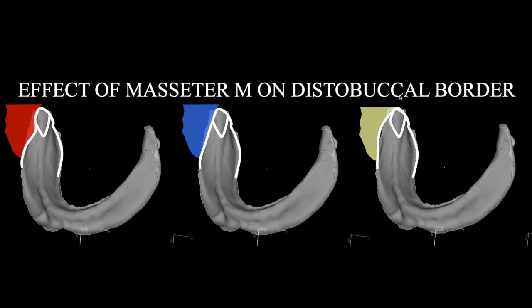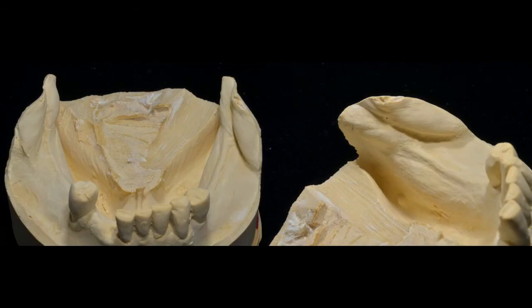So it depends on the masseter muscle activity, the shape of the M-plane will vary. This is one of my favorite casts that show very obviously the muscle activity, which is the M-plane shape.